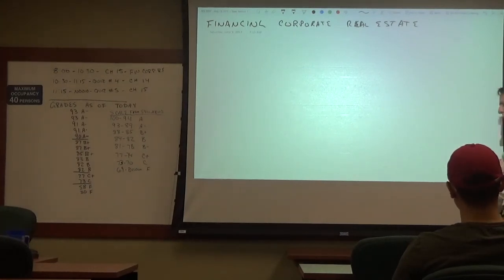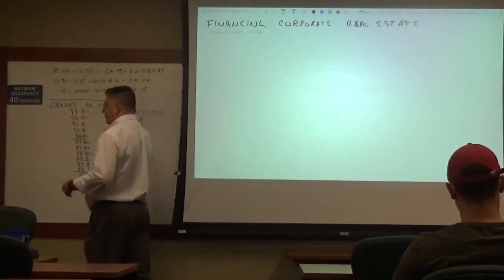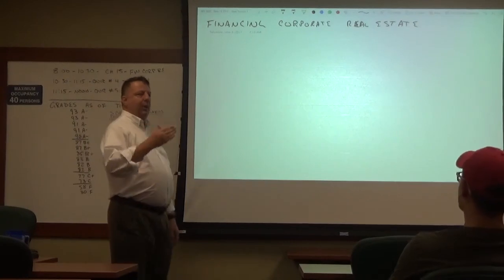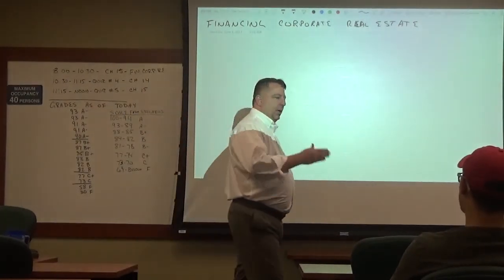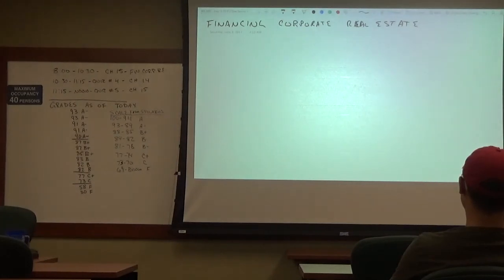If you've read through this chapter, they start off by talking about some of the motivations for a corporation or company to own real estate, and also some of the reasons for them to lease real estate.